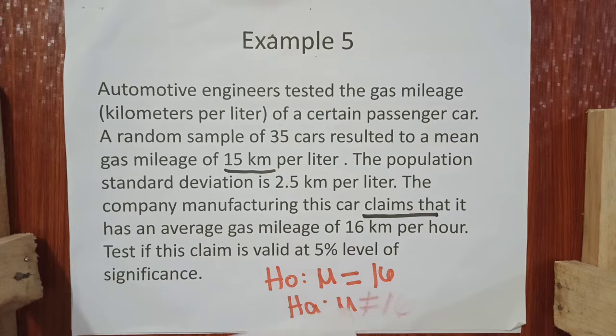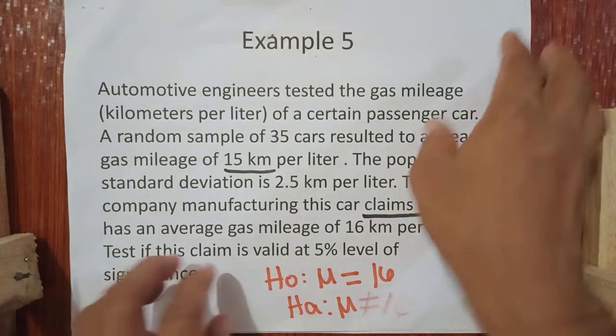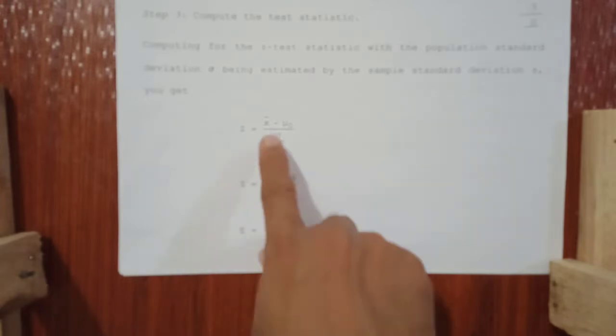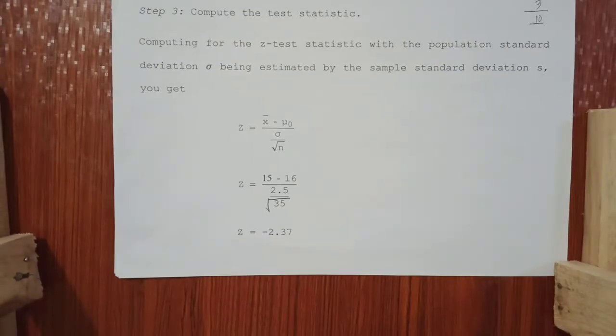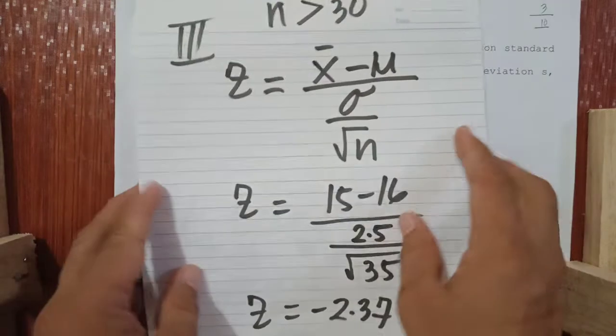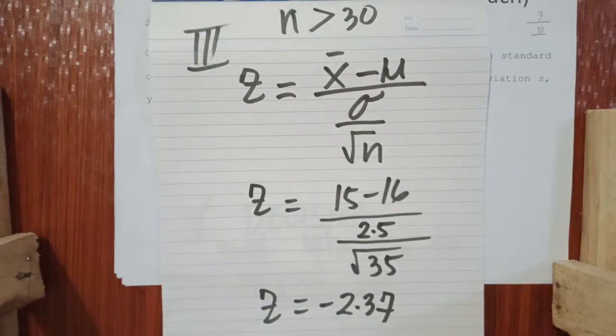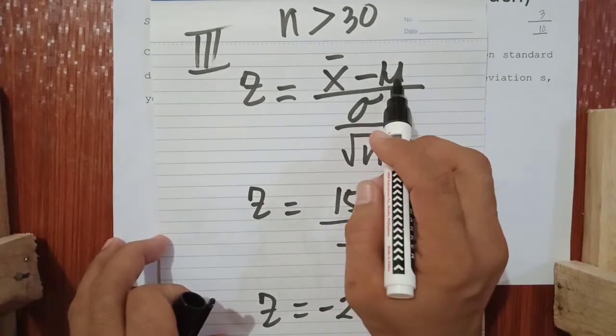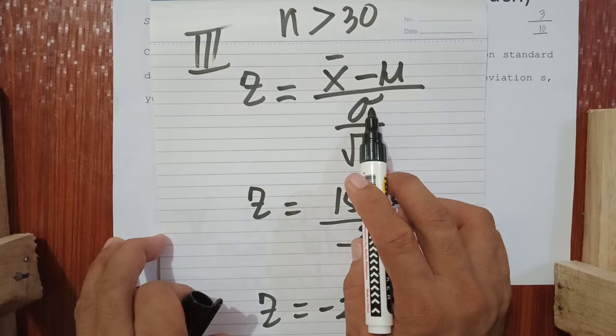So, ang formula, ito ang formula ng z. Okay. So, ang formula is the sample mean minus the population mean over standard deviation.